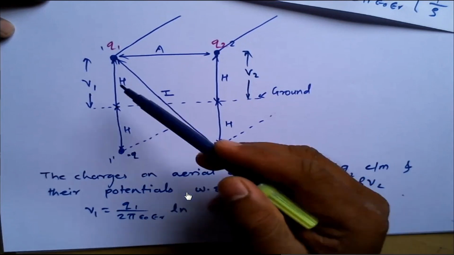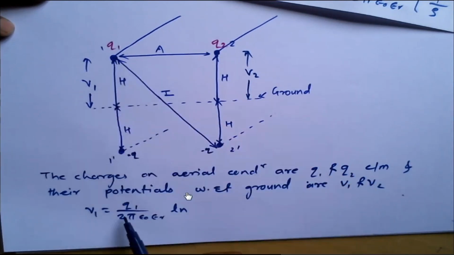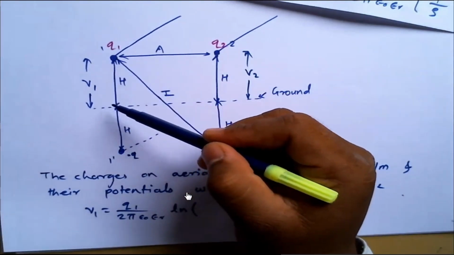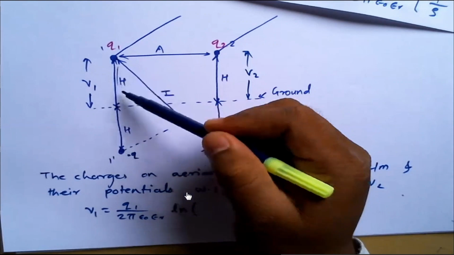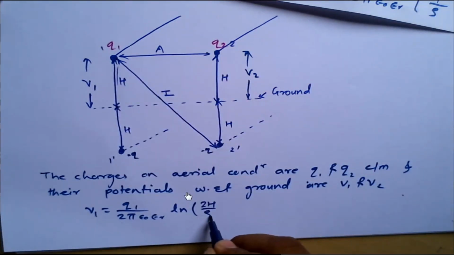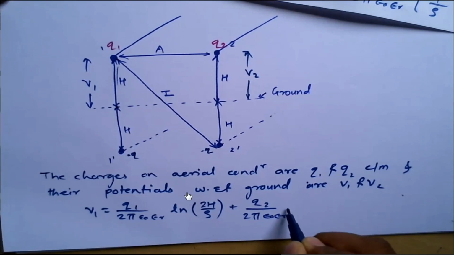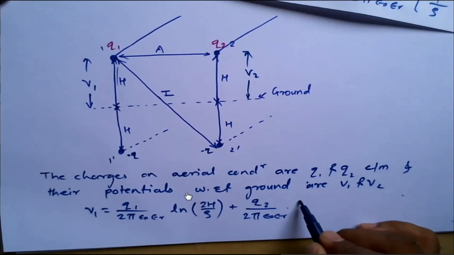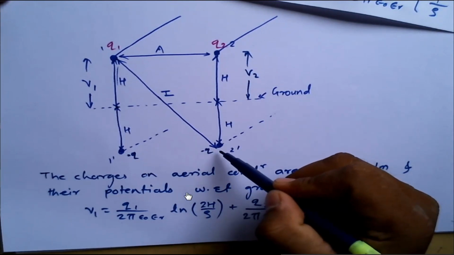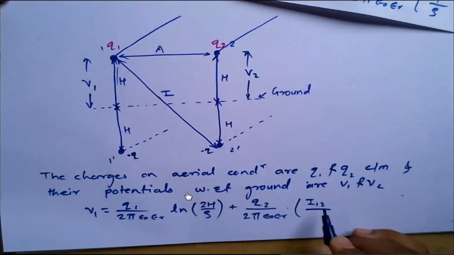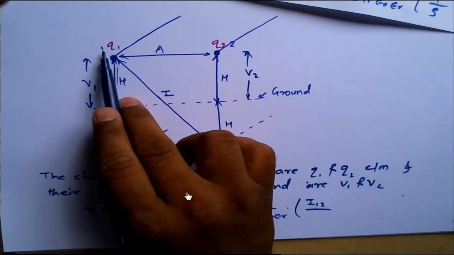But as it is with respect to ground, it will be Q1 upon 2 pi epsilon 0 epsilon r ln of, in this case, the distance between the conductor and its image, 2h1 divided by rho, plus due to mutual effect Q2 upon 2 pi epsilon 0 epsilon r into the distance of the image, from the first conductor to the second, which I will denote as I12, upon the distance A12 between 1 and 2.